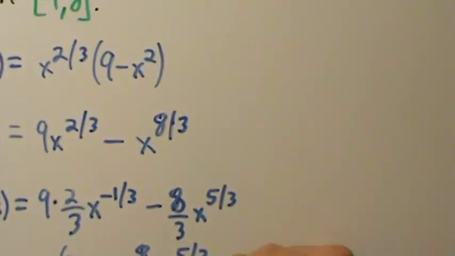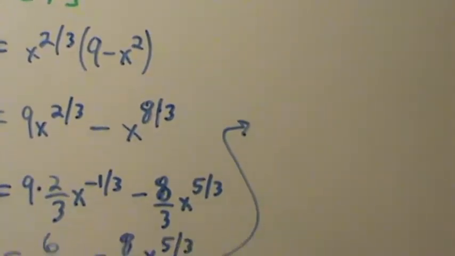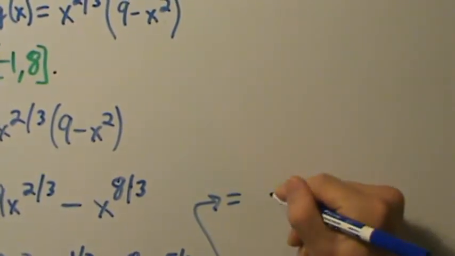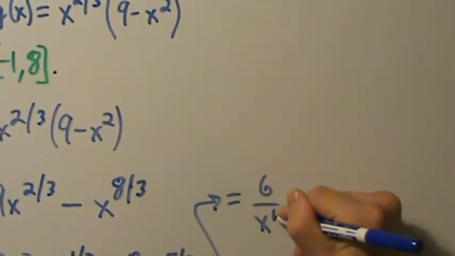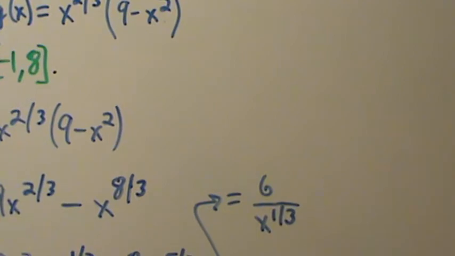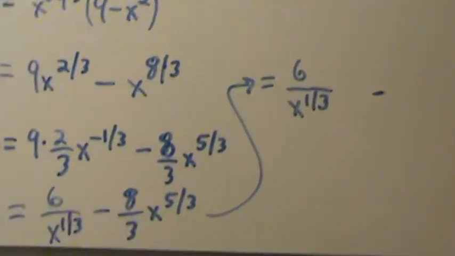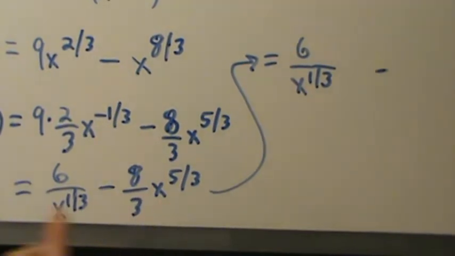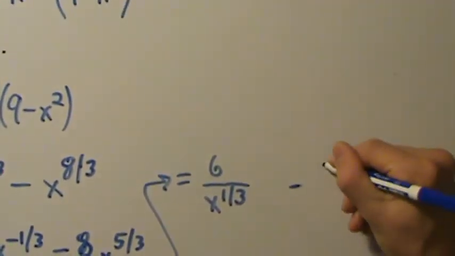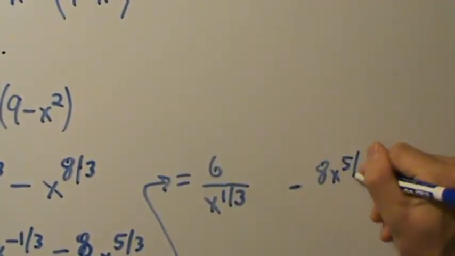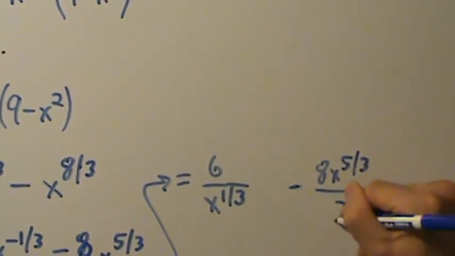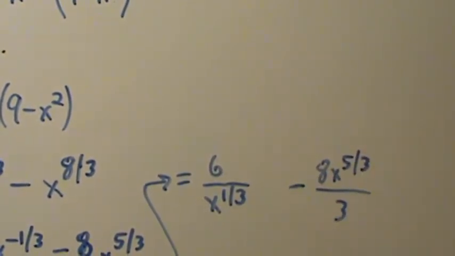So let's come up here, where we have a little more room. So this equals 6 over x to the 1/3, and I'll leave a little bit of space here just so we can show all the details, and then minus 8x to the 5/3 over 3. All right, so we'll just show more of the details for the algebra.